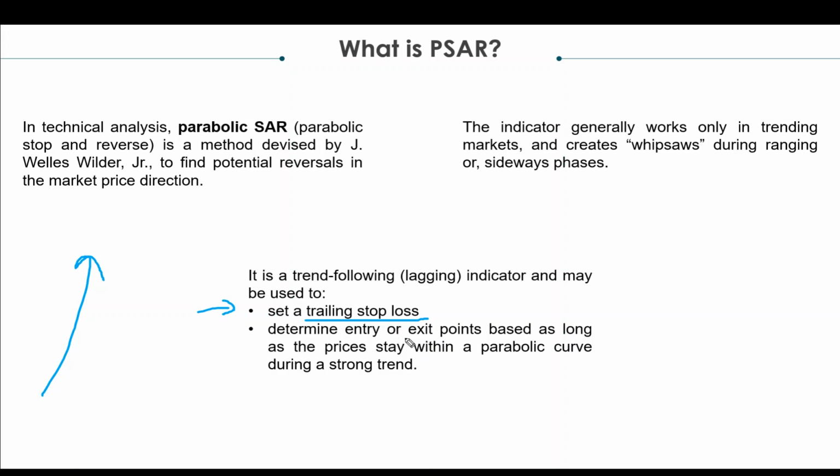We can also determine entry or exit points, as long as we're in a given direction. This is exactly what I told you just a few seconds ago. So if we have nice swings inside that trend, we can use the Parabolic SAR as an entry point, and respectively as an exit point as well.